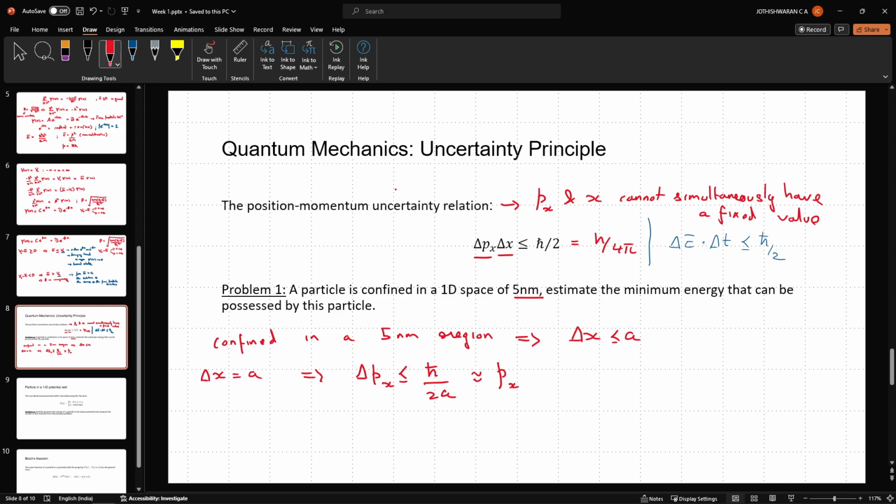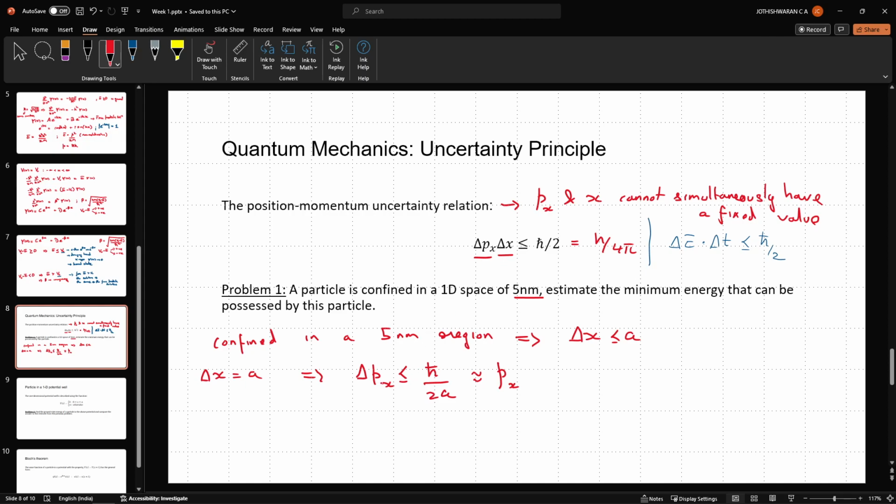So in that sense, as I was saying, Px and X cannot simultaneously have a fixed value. And in the cases where one is fixed, the fluctuation of the other tends to infinity. That is also not a very practical case. So usually both of these have a small finite value.